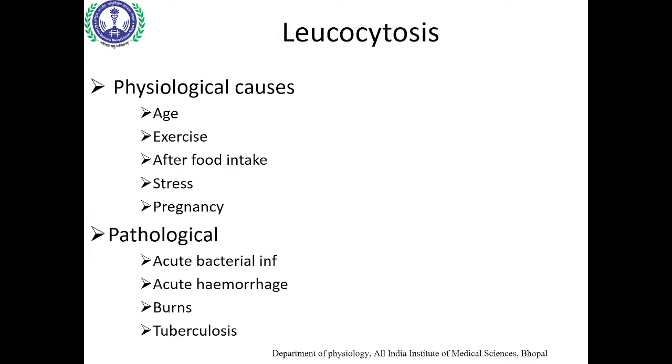Because they are also formed from the hemopoietic stem cells. Now my question is, what is the physiology behind increase in this number of WBCs, that is leukocytosis, because of exercise or stress?